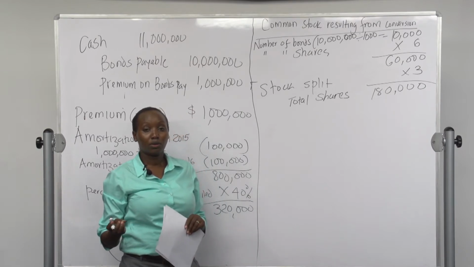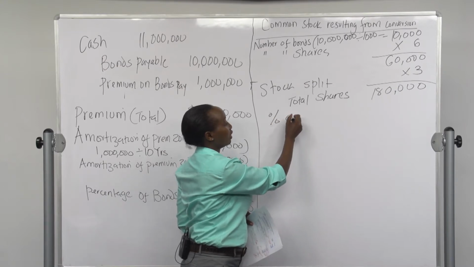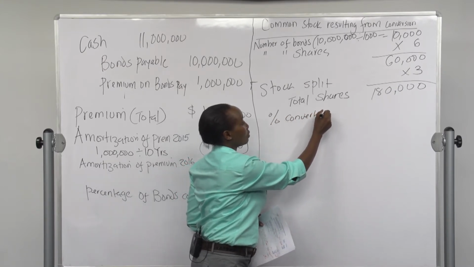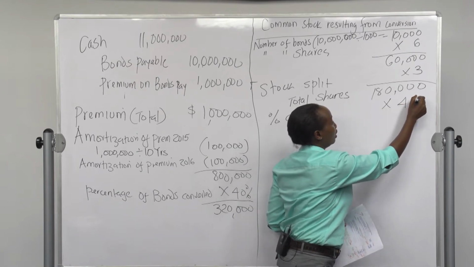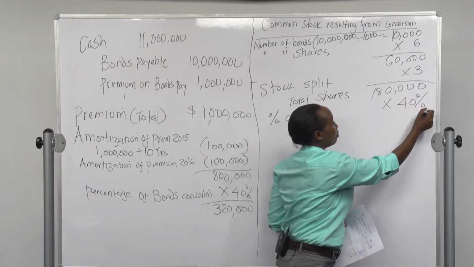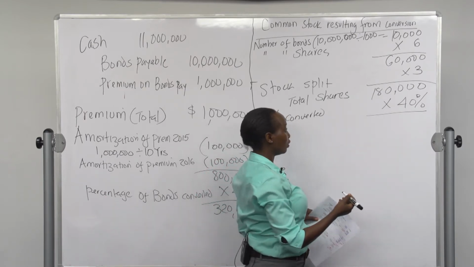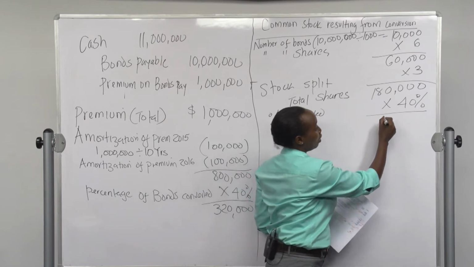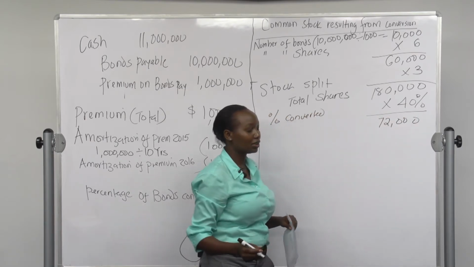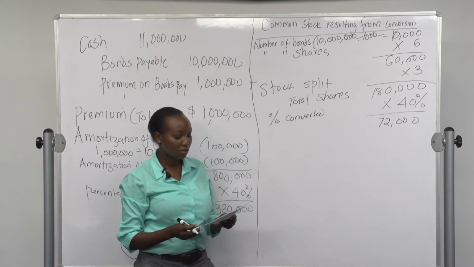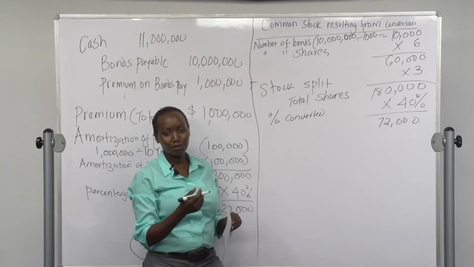We are told in the question that only 40% is converted, so the percentage converted is 40%. We multiply this by 40% to get the number of shares that this conversion led to. It led to a total of 72,000 shares. So converted shares are 72,000. Let's calculate the par value for this.